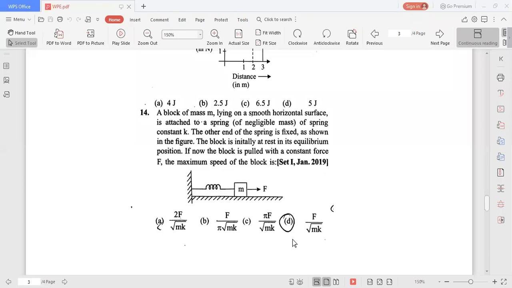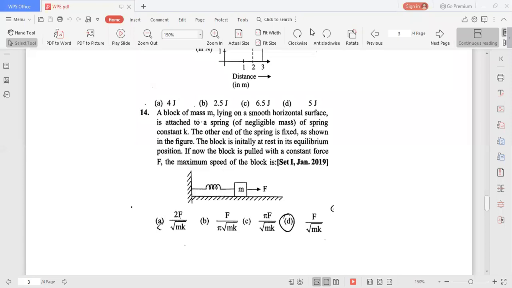A block of mass m. Okay, now you see. A block of mass m, the 14th problem.